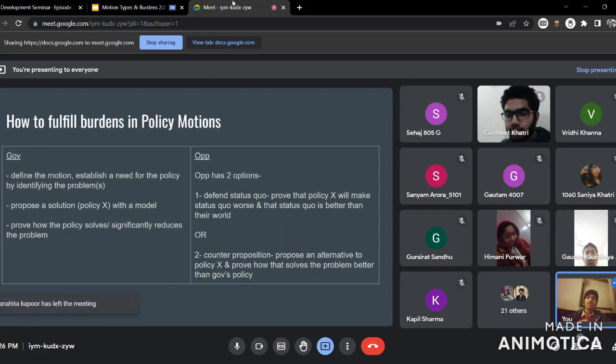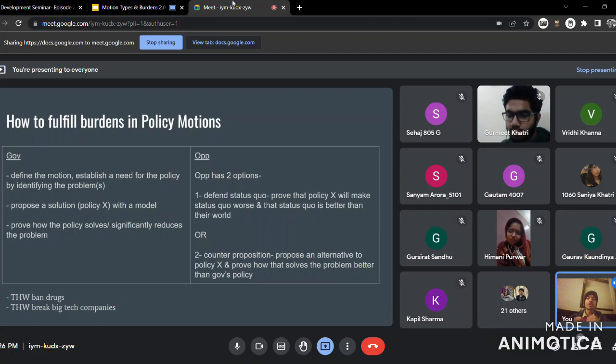Cool. This is where we'll talk somewhat about defining the motion also. If you are a government team, you define the motion and establish a need for the policy by identifying the problem. What do I mean by that?